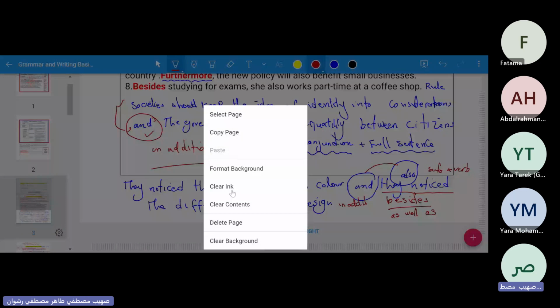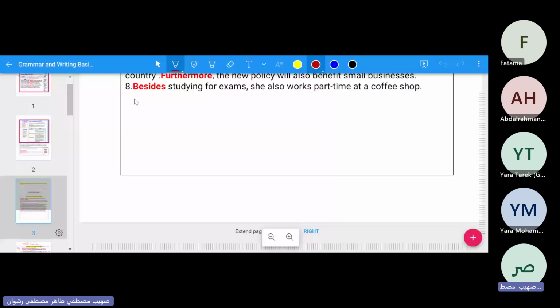We have three conjunctions which are in addition to, as well as, besides. These three connectives are not followed by a full sentence.